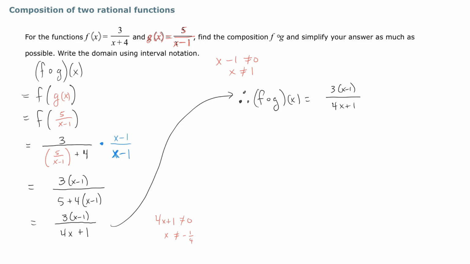Our domain here, the domain of f composed with g, looks like it could be all reals up to negative 1/4, union negative 1/4 up to 1, union 1 to infinity.